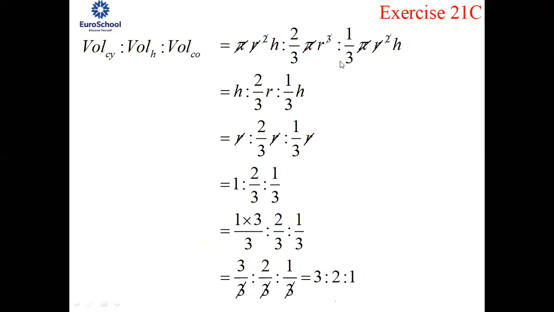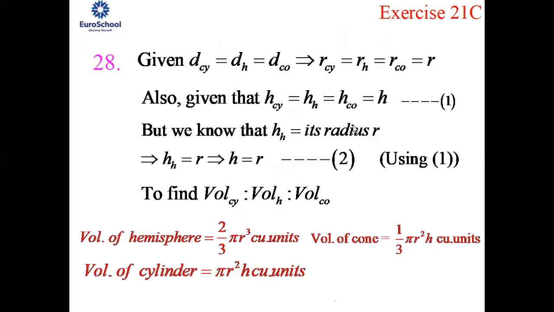Pi is common throughout, so you can cancel it. R square is common throughout, you can cancel it. Here you have r cube, so the square goes off and only one r remains. So what is left now? H is to 2/3 r is to 1/3 H. Now, on the previous page, we just saw that your H is equal to r, right?